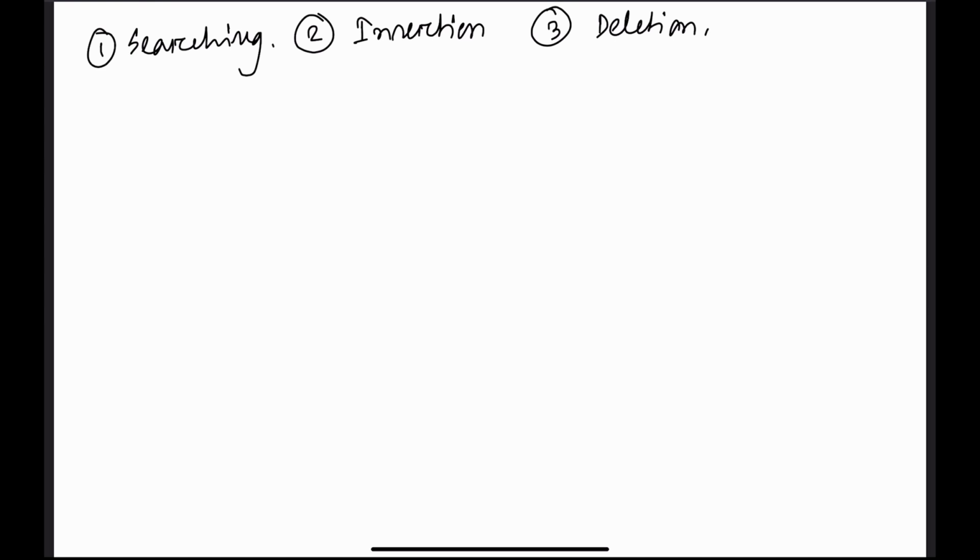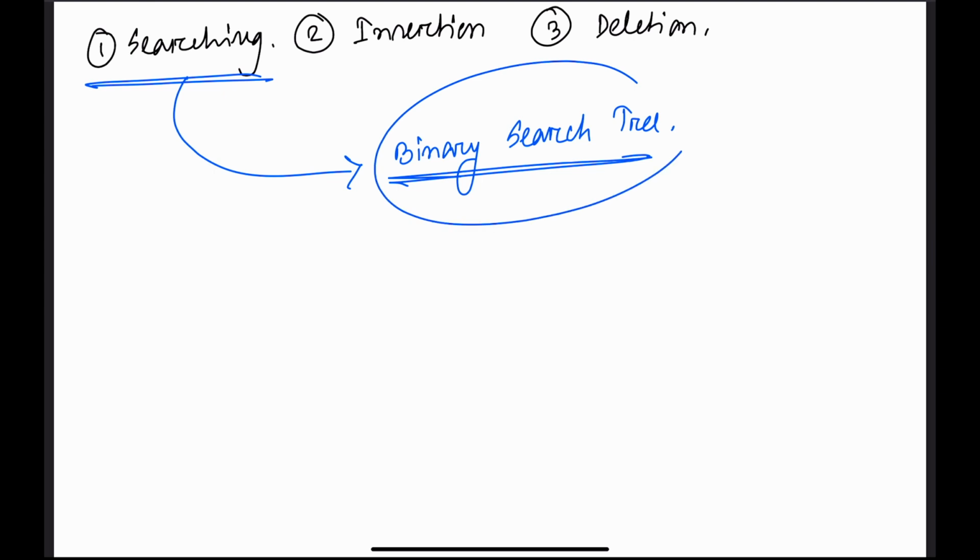Let's talk about searching first. Searching is absolutely the same process as in a binary search tree. We have talked about binary search trees and their searching operation.